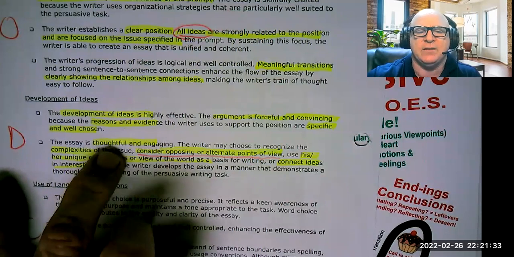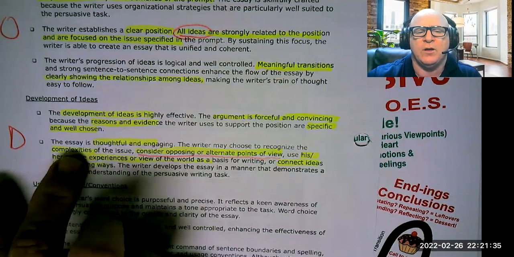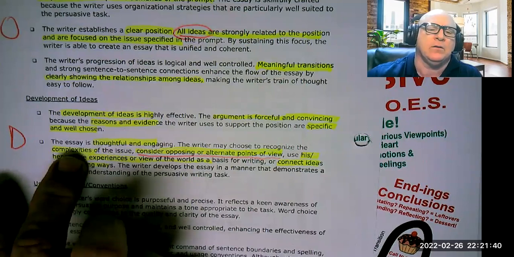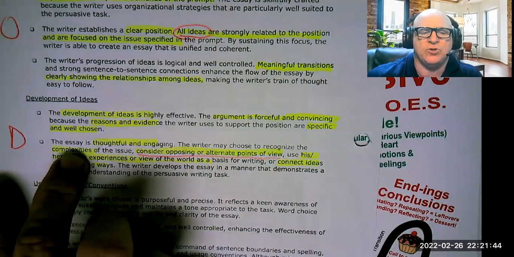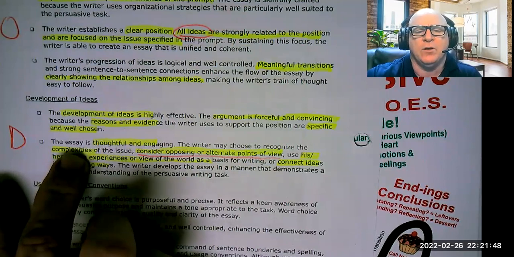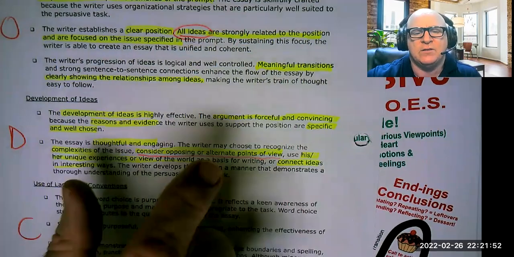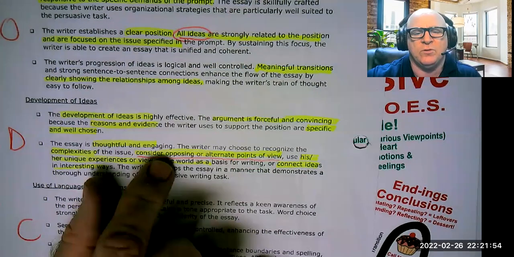There's complexities of the issue. How can you talk about the things that make your position of focusing on the future or the present more important? You might, and this is only mentioned in 4 land, consider the opposing or alternate views.